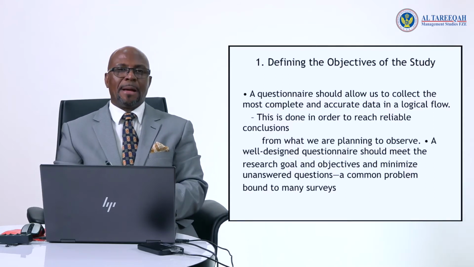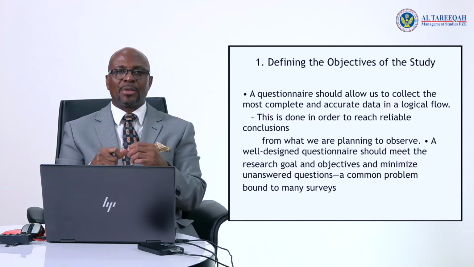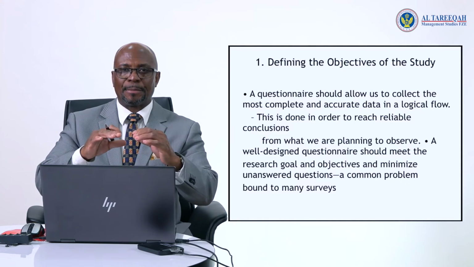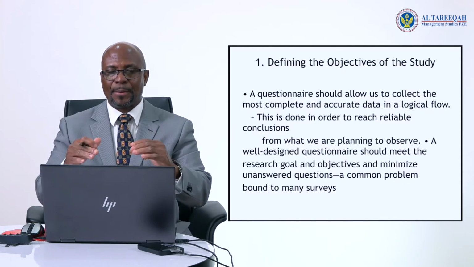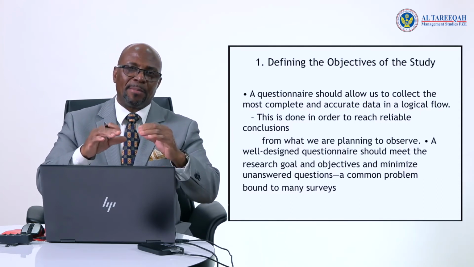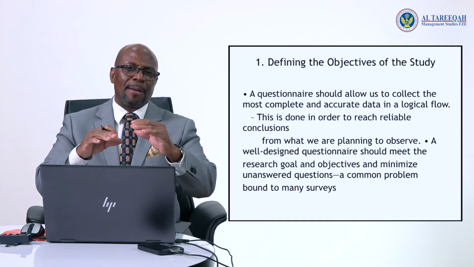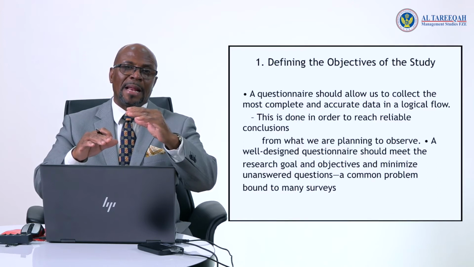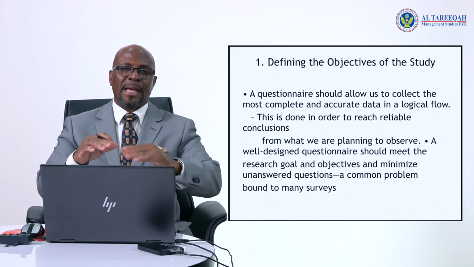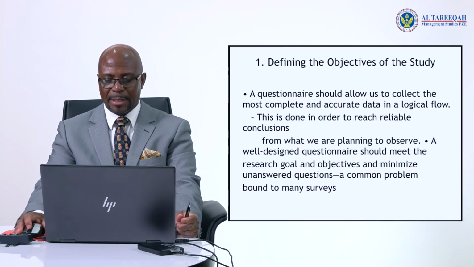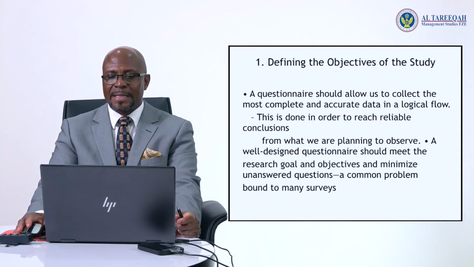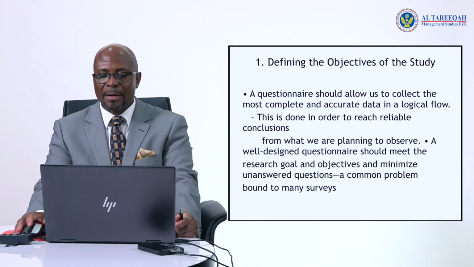For example, if you go back to the research topic example that we have given, you find out that we had 5 hypothesis statements. So those 5 hypotheses or 5 variables can each have a section in your survey questionnaire.